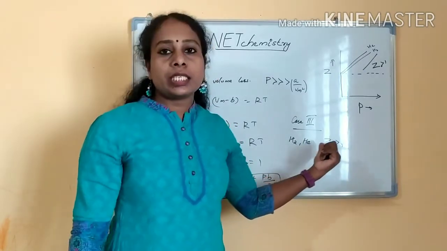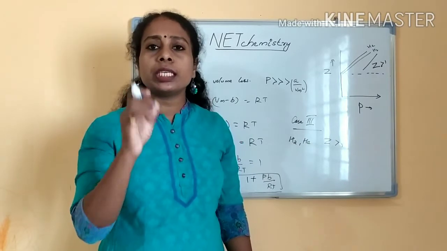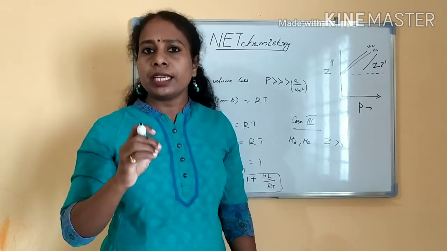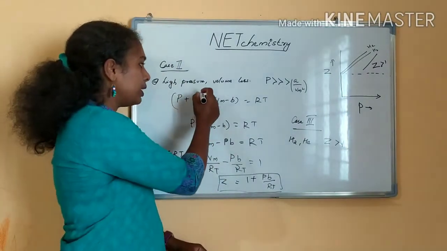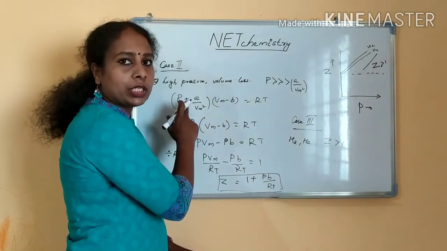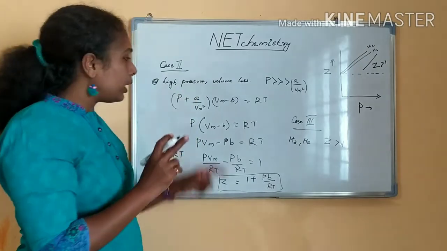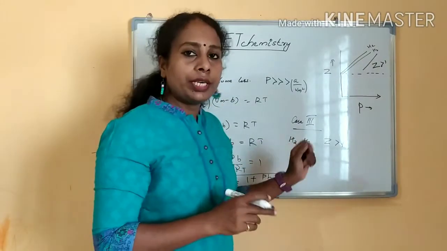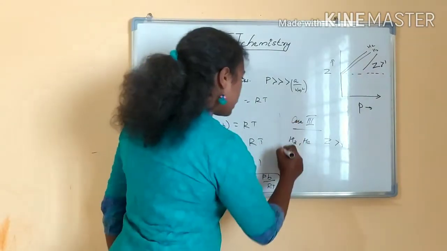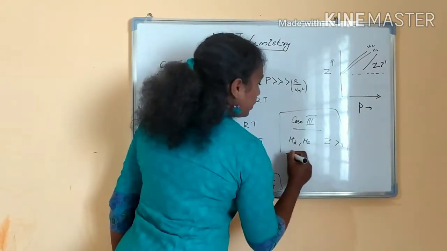If we look at hydrogen and helium intermolecular force, the a value will be very less. So you have this negligible value, a by V_m square. Pressure is high. You have to take the same case for explaining hydrogen and helium, okay. Case 3 is also the same as case 2.